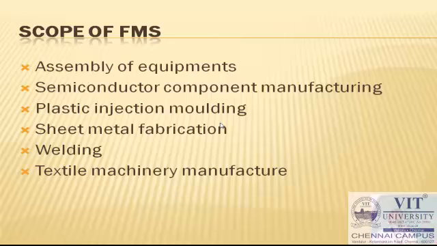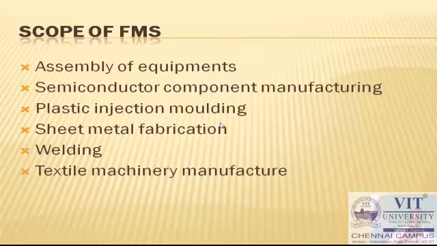Plastic injection molding, sheet metal fabrication, welding, textile machinery manufacturing, and nowadays also automobile components and component assembly workstations use FMS. In a plant, if one type of car is assembled, the same line can be modified to assemble another variety of car.